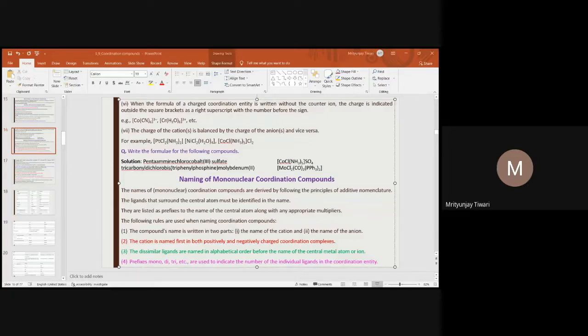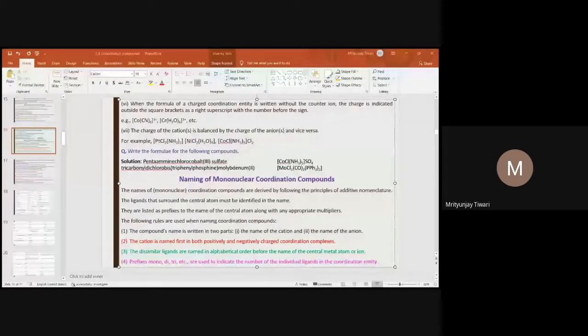Why? Because if you remove ammonia, it parts away with its lone pair of electrons, which is on the nitrogen. However, in the case of chloride, the chlorine atom gives only one electron, getting one electron from the cobalt, and this is one way to understand this.